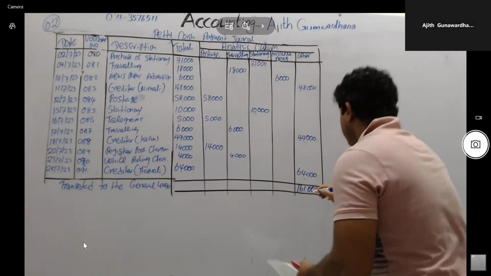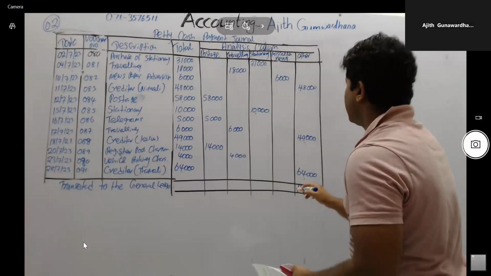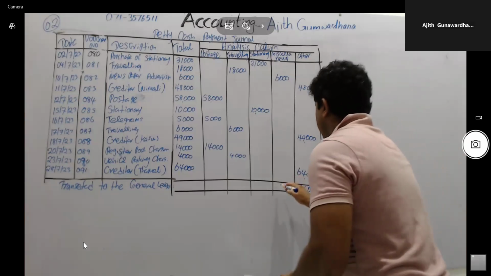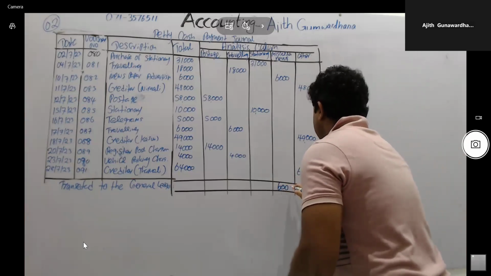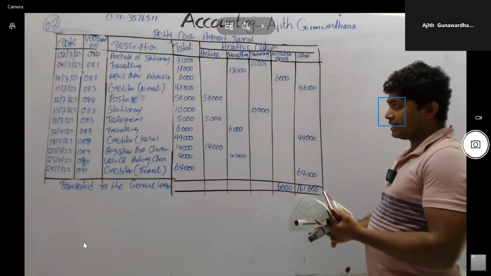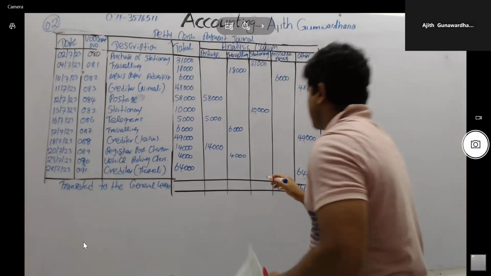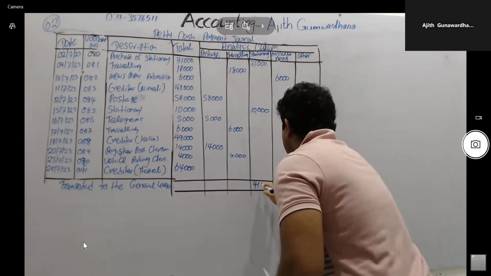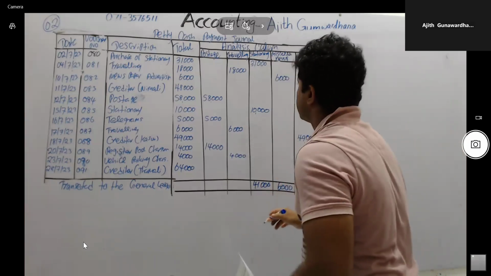Think of petty cash interest also and reimbursement. If there is an expense that cannot be categorized, it goes to the miscellaneous column. Miscellaneous is equal to sundry expense also. Calculate the total value of each column.